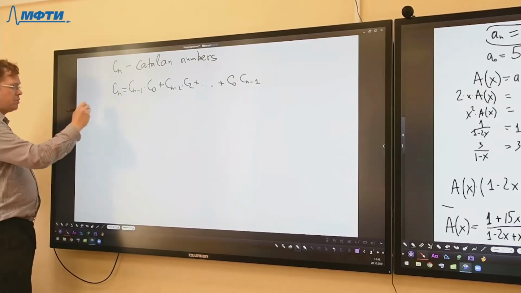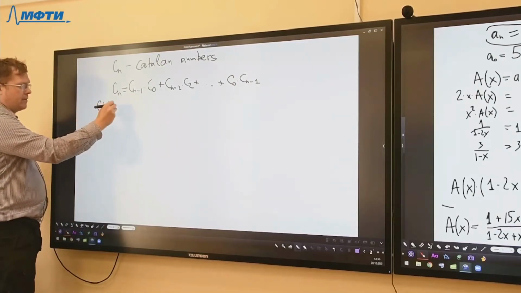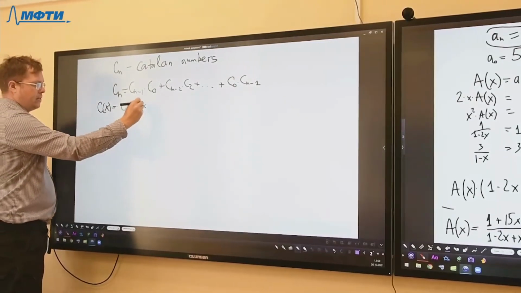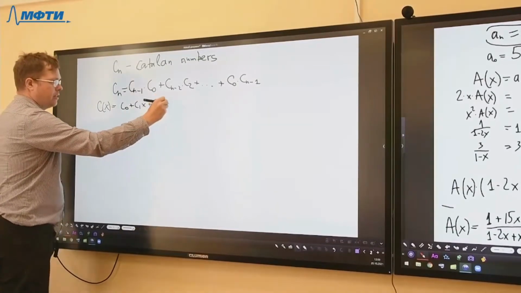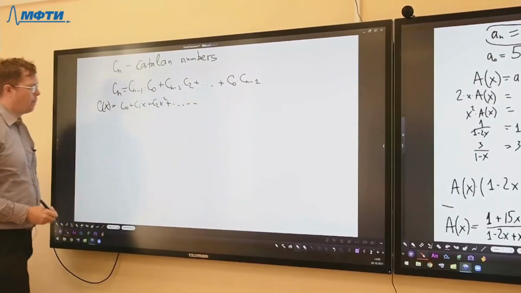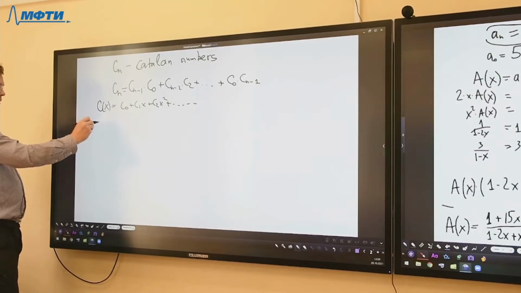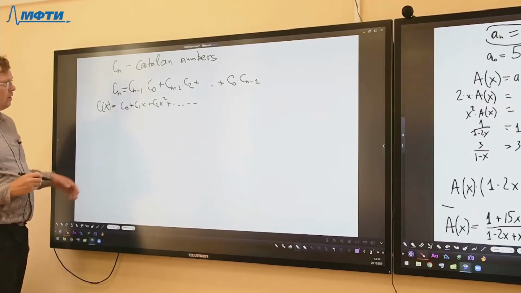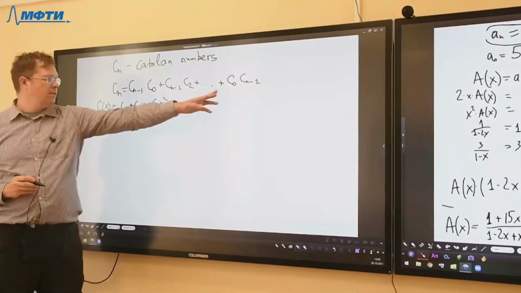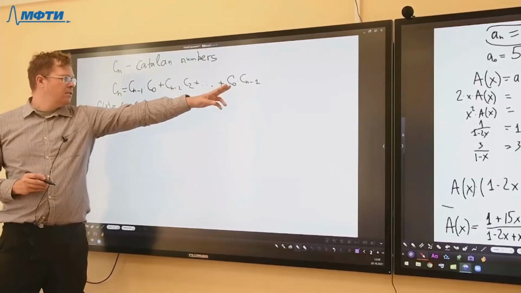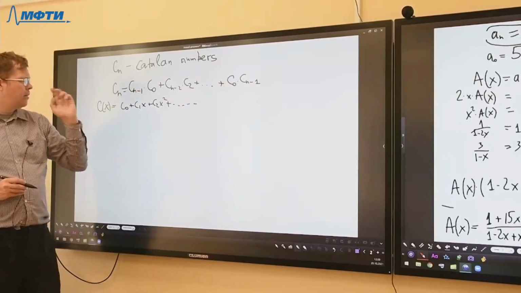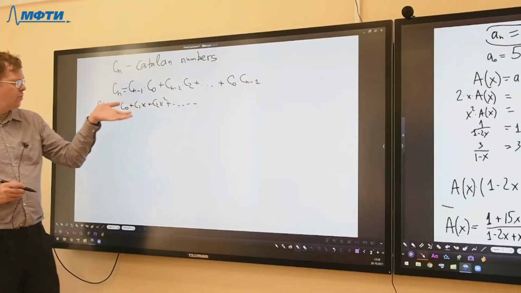And if you look at the generating function, C of x is C0 plus C1 times x plus C2 times x squared, and so on. So this formula reminds you of the definition of multiplication of two formal power series.